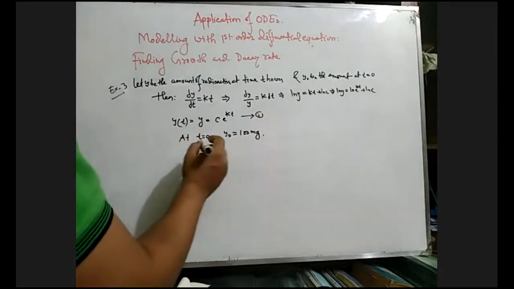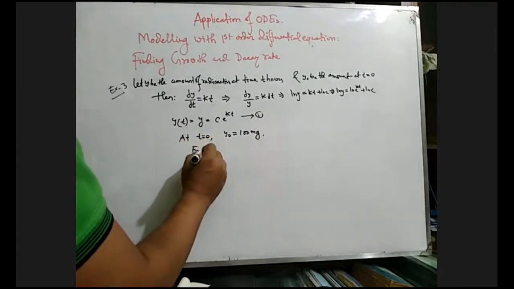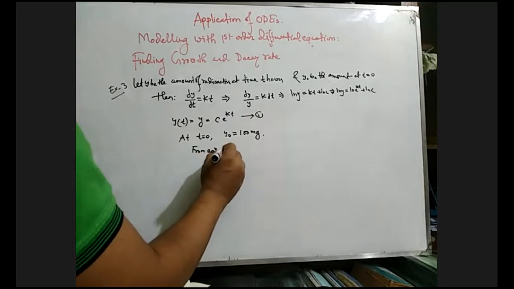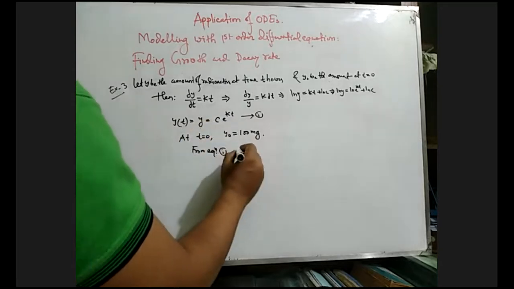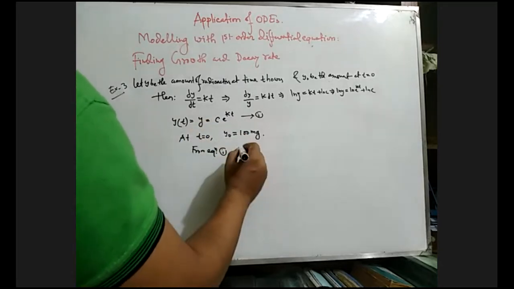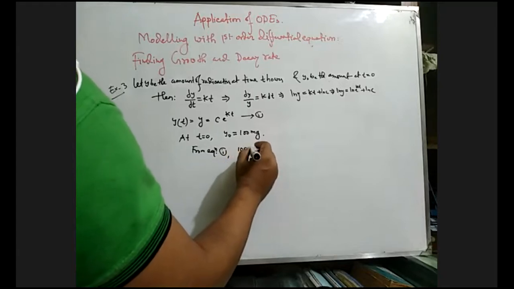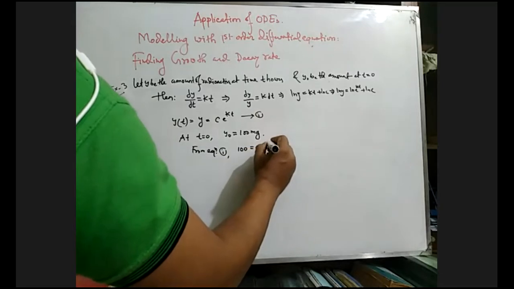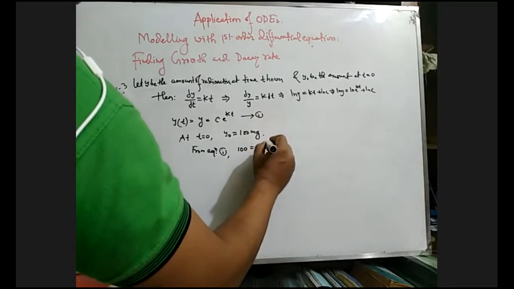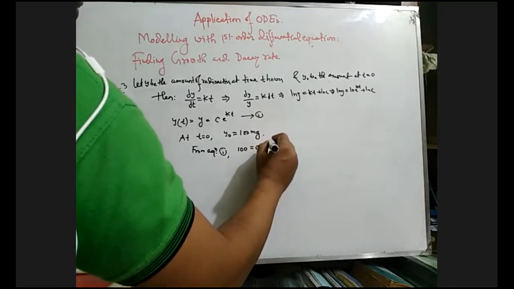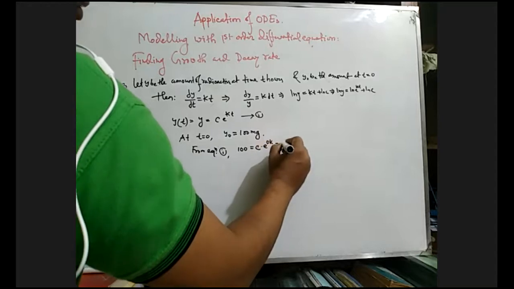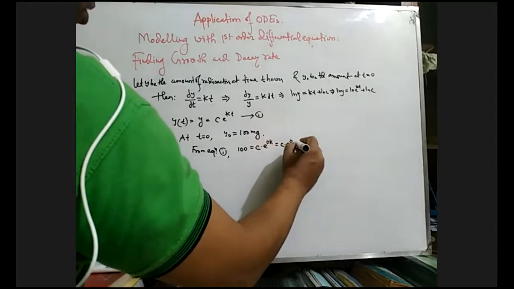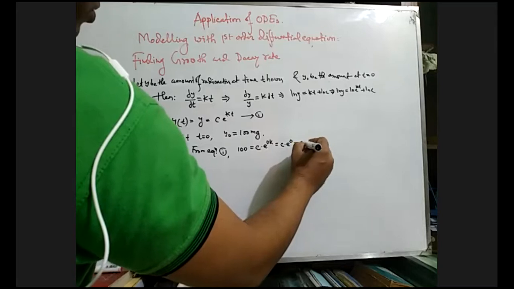So from equation 1, 100 milligram equals c into e to the power k times 0. Okay, c into e to the power 0, that means equals c.